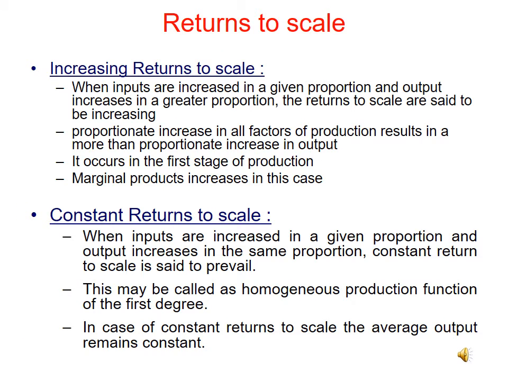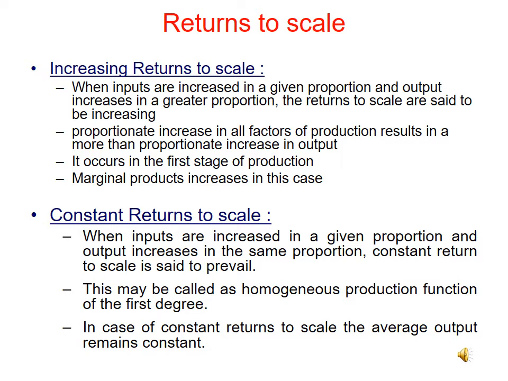So what is increasing returns to scale? In the case of increasing returns to scale, when the inputs or the factors of production are increased in a given fixed proportion, the output increases in a greater proportion, and the returns to scale are said to be increasing.